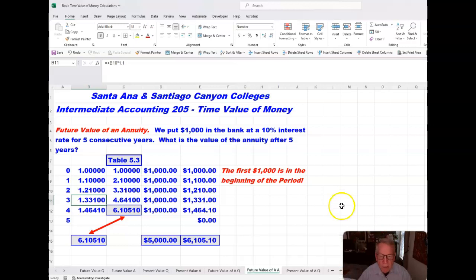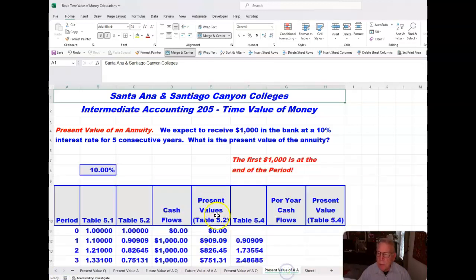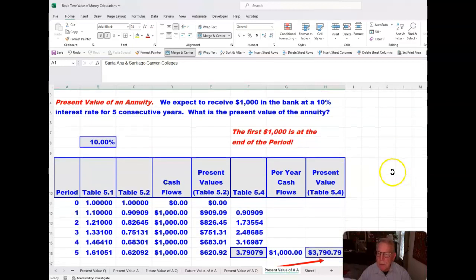But we also have the fourth kind of calculation, which is the present value of an annuity. Here we expect to receive $1,000 in the bank at a 10% interest rate for 5 consecutive years. What's the present value of that annuity? Well, same kind of calculation here.